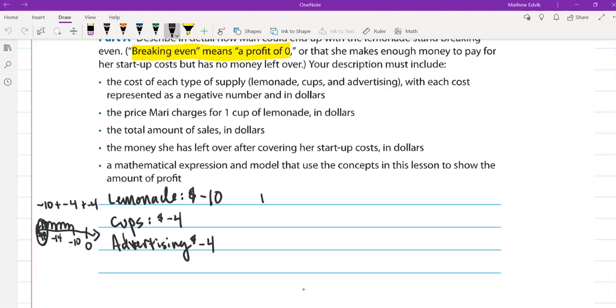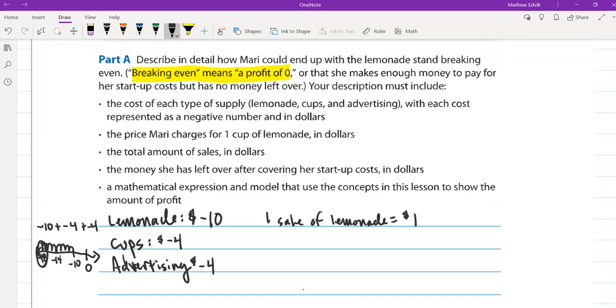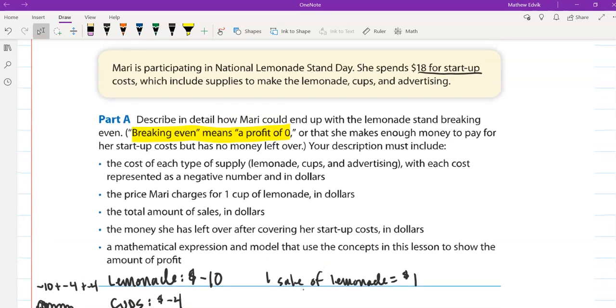So 1 cup of lemonade, let's say one sale of lemonade equals $1. So that's a positive $1. And so how much is she going to have to sell to break even?